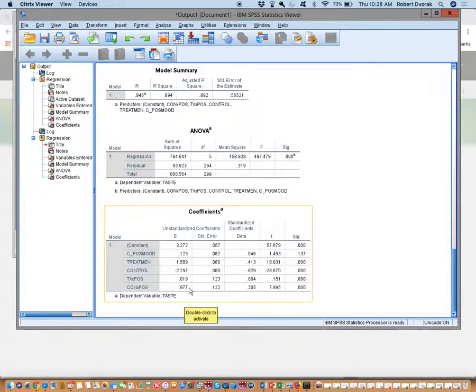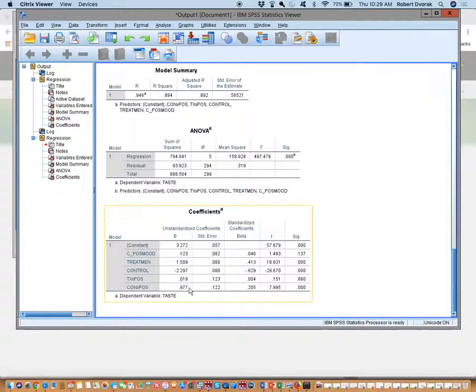What about this? That's a number that we've already seen before, 0.977, though we saw negative 0.977. What does it mean here? Difference in the main effect of positive mood on taste when you go from the sham group to control. Perfect. Very, very good, right?